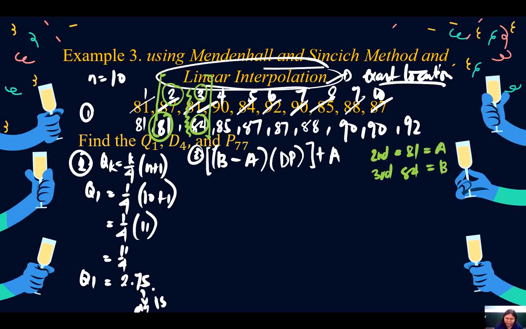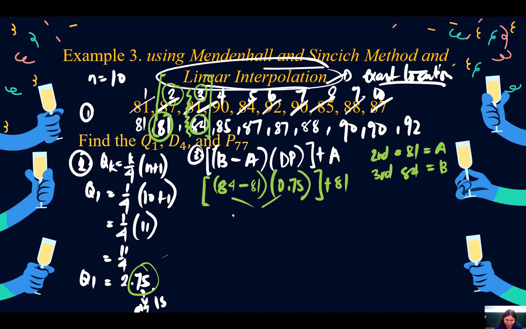Okay? So, our B is 81. No, correction. Our B is 84, which is the highest, minus the lowest, which is 81. Then, what is the decimal point here? The decimal point is 0.75. So, 0.75. Okay? Plus the lower value, which is 81. Let's simplify this.